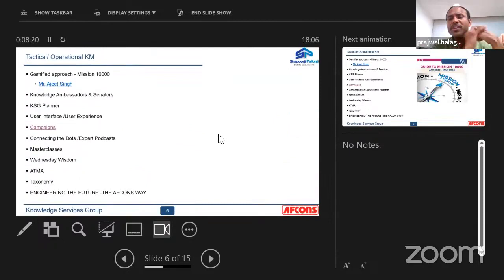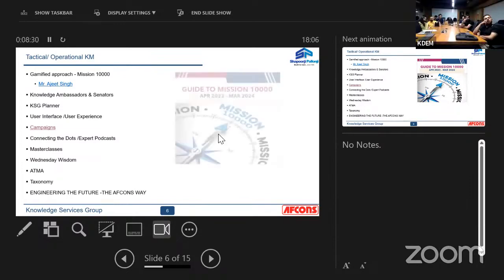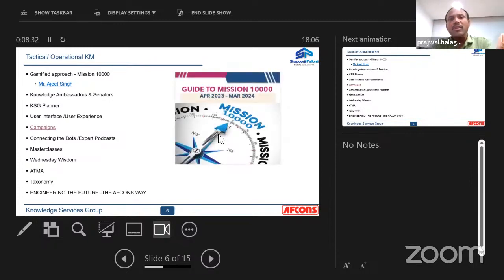So coming to the operational part of KM, these are the activities, what we do, which I have explained. Then these things show how we do that. The first thing I want to explain is Mission 10,000. As I mentioned, for the different activities of KM, we have a gamified approach in Mission 10,000.